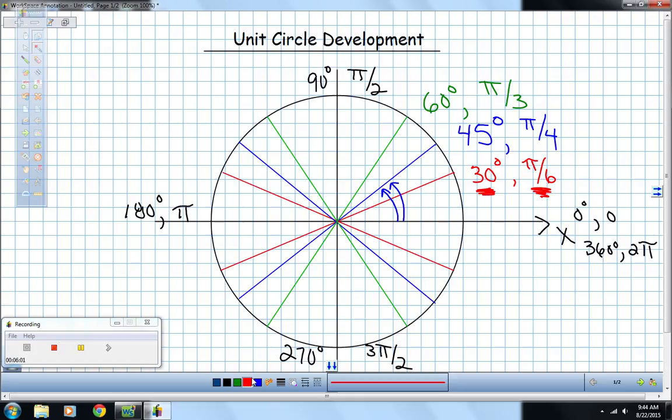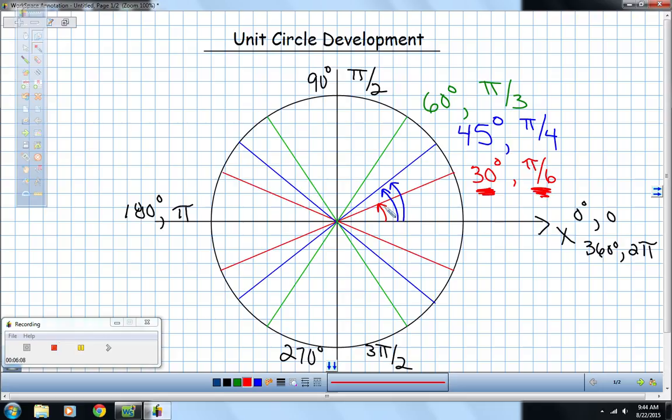As long as we understand that this angle in the first quadrant, 30 degrees and pi over 6, mean the same thing, then I would contend that we should be able to find the measures of the angles in both degrees and radians for any of the other 3 terminal sides in the second, third, and fourth quadrants. So this is what I mean.